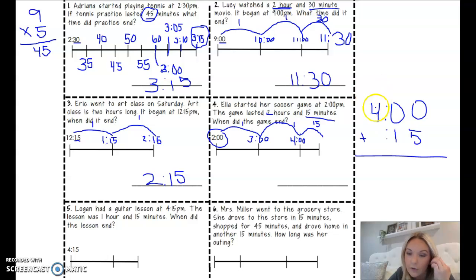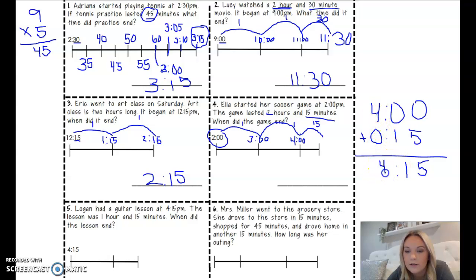This 4 is in the hour place, so I'm going to put a secret 0 right here, right? So 0 plus 5 is 5. 0 plus 1 is 1. Okay, then I'm just going to bring my 4 down. So it would be 4:15. 4:15 is when the soccer game ends.